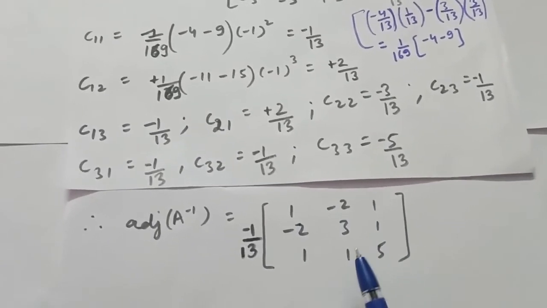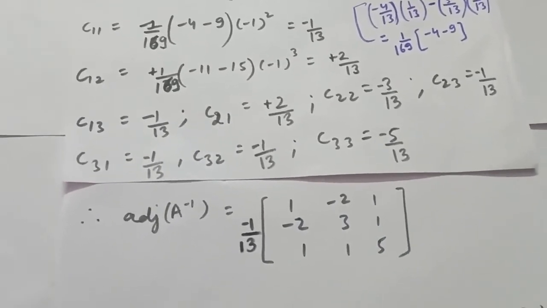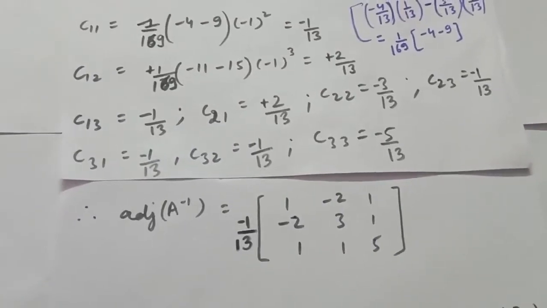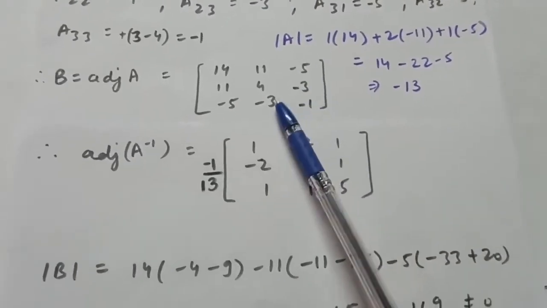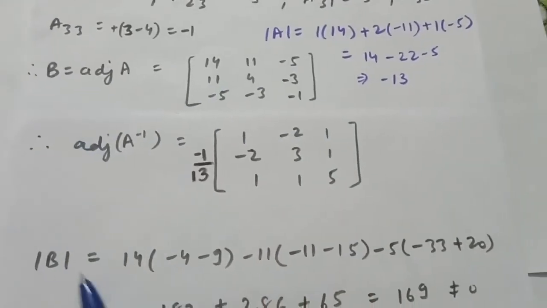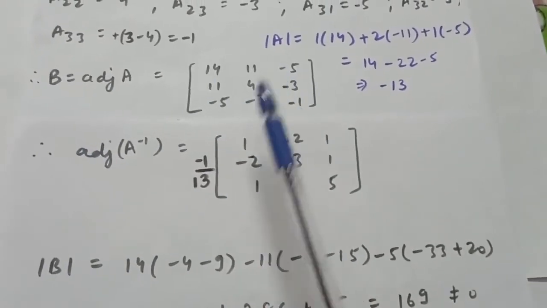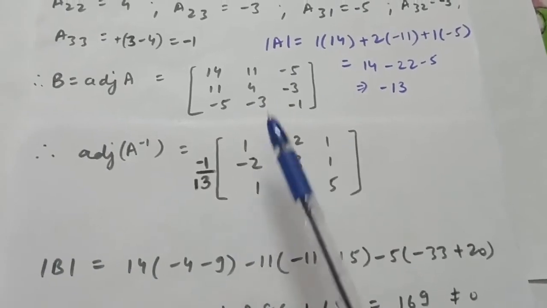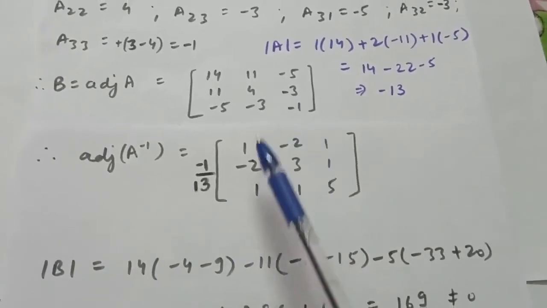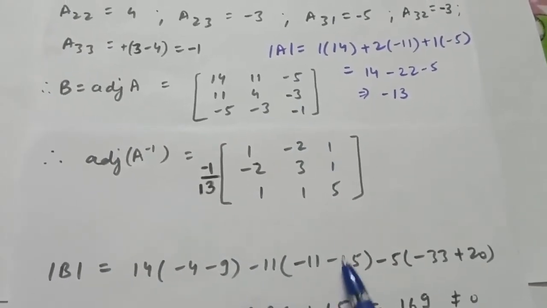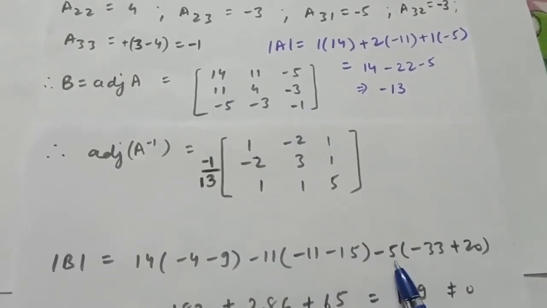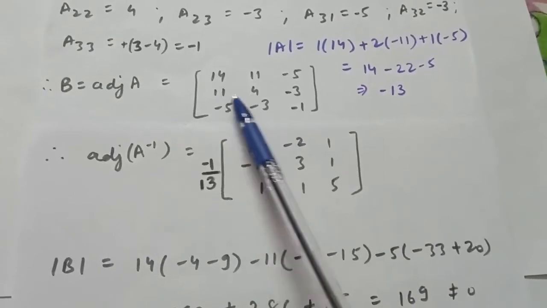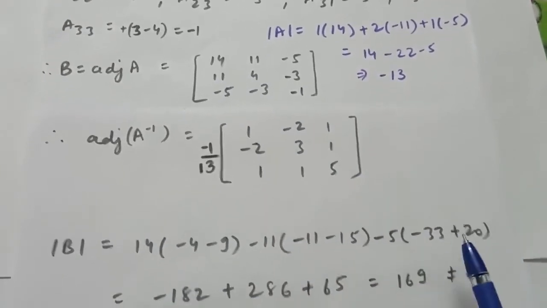Now we will calculate adjoint of A whole inverse. This is adjoint of A. Find out the determinant of this matrix B. So the determinant along the first row will be 14 into minus 4 minus 9, minus 11 into minus 11 minus 15, minus 5 into minus 33 plus 20.